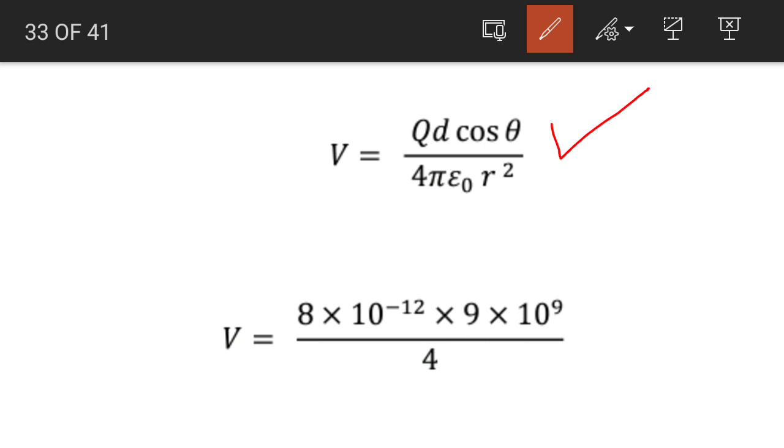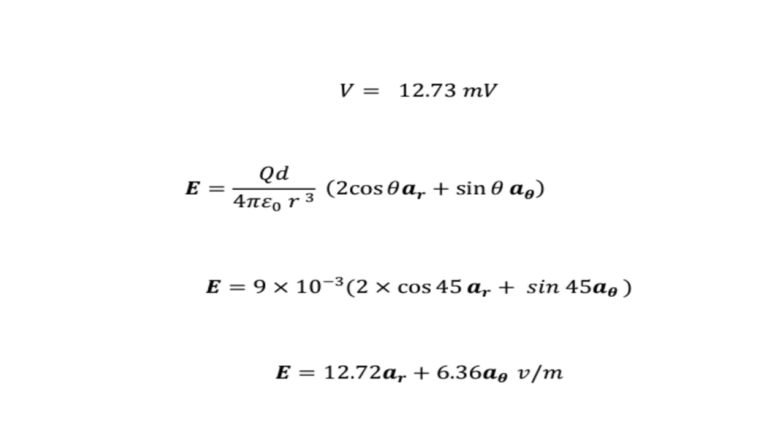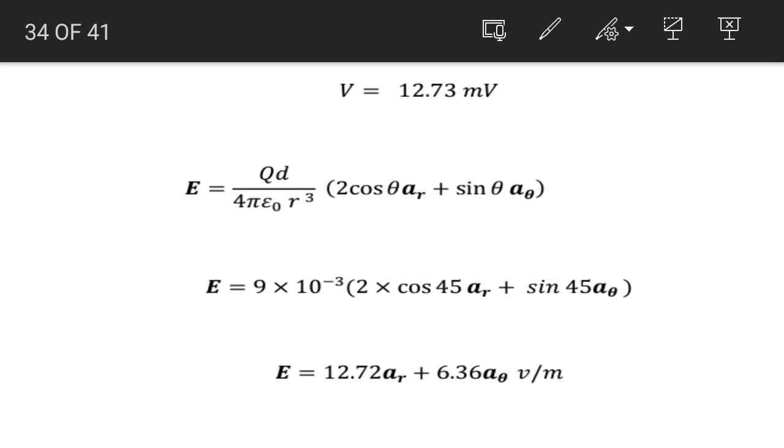So we put the values on the right hand side, and we simplify this particular equation. So we have 8 into 10 raised to power minus 12 into 9 into 10 raised to power 9 divided by 4, and we get the potential at the given point, which is 12.73.